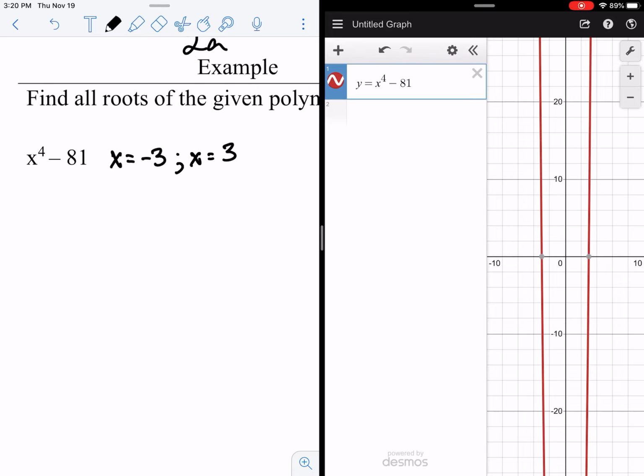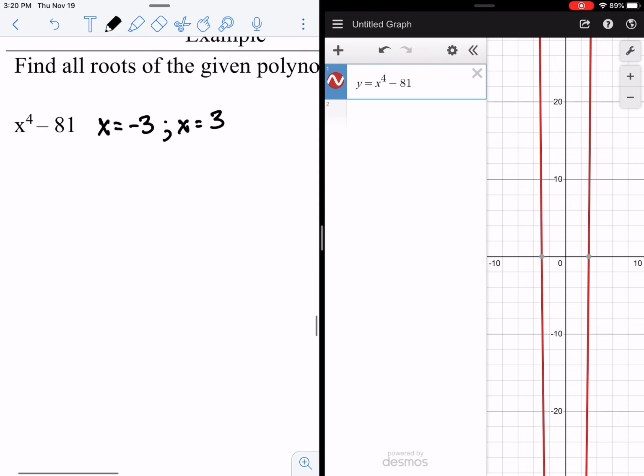So from here, what I want to do is simplify this polynomial down to a quadratic. You can do this a couple of ways. The way I like to do it is use synthetic division. So I would go -3, 1, 0, 0, 0, minus 81.